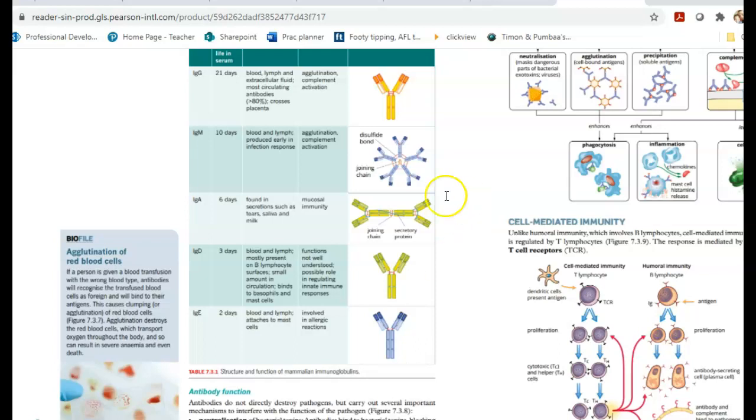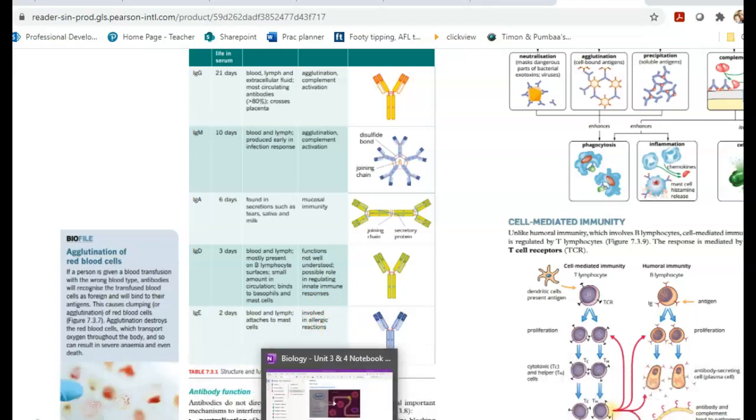So normal antibodies, the antibody that is produced mostly in your body is our IgG antibodies. What does it say? Most circulating antibodies, more than 80% is the estimate, would be IgG. So that's our regular run-of-the-mill antibody. But IgE down here, they're a slightly different class of antibody, and they are unfortunately the ones involved in allergic reactions.